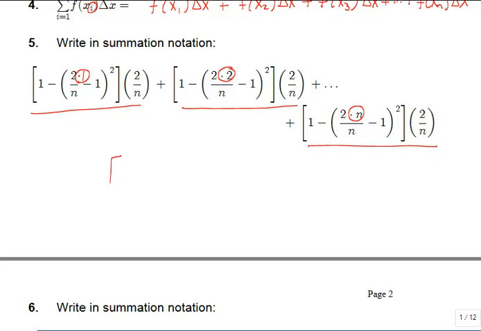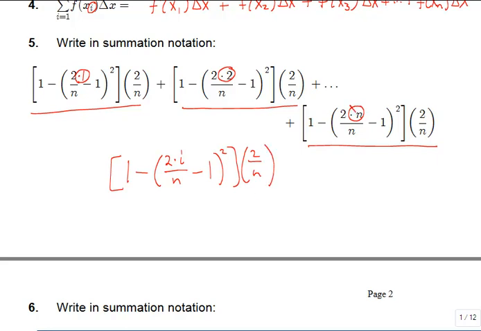So our formula is going to look exactly like one of these expressions, 1 minus parentheses. Where that little circle is, which is the top where this 2 is, that's where you're going to put your i. So 2 times i over n minus 1 quantity squared times 2 over n in parentheses.